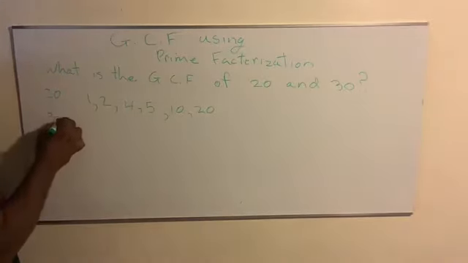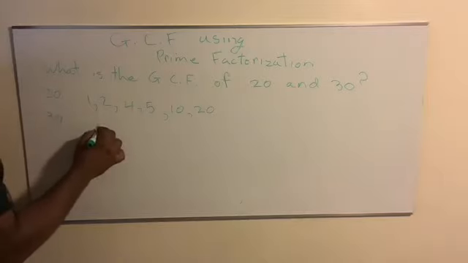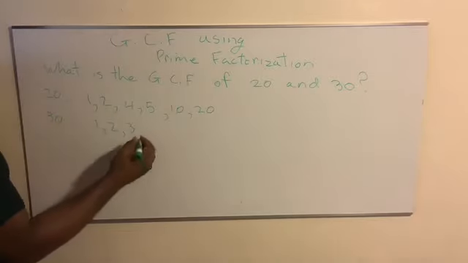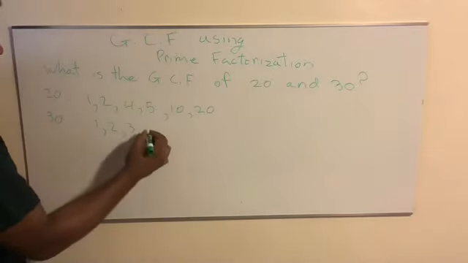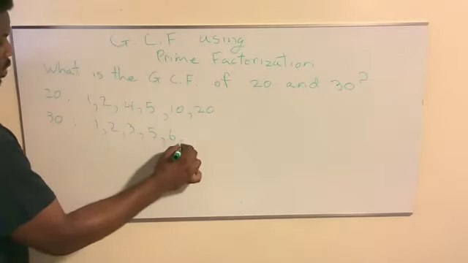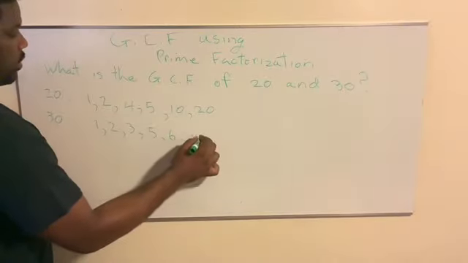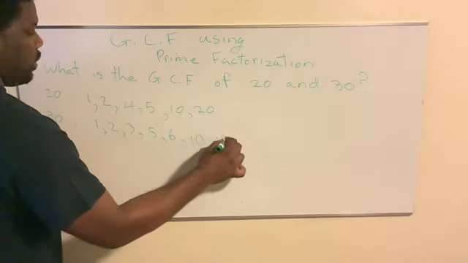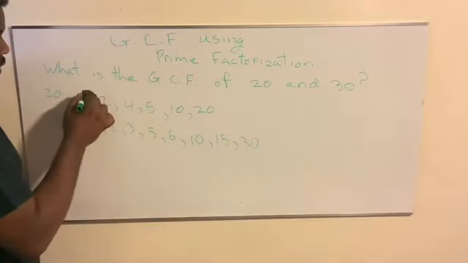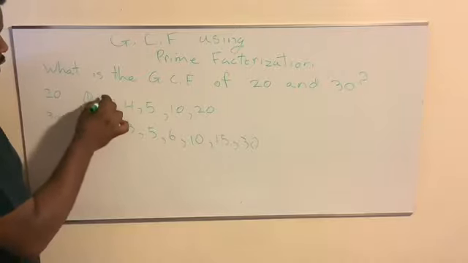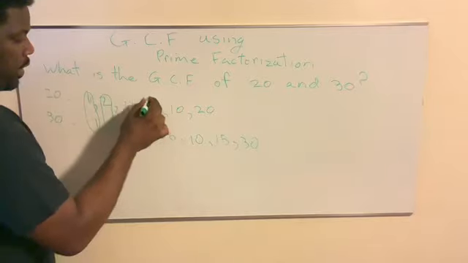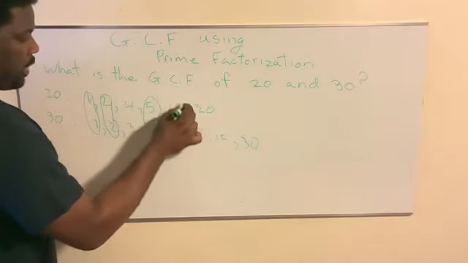The factors of 30: 1, 2, 3, 5, 6, 10, 15, and 30. Now they share 1, they share 2, they share 5, and they share 10.